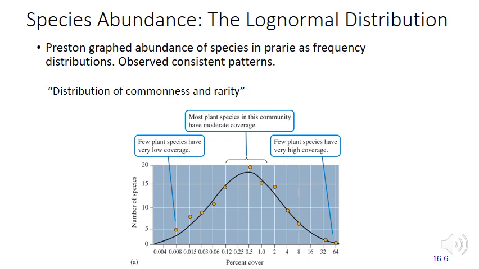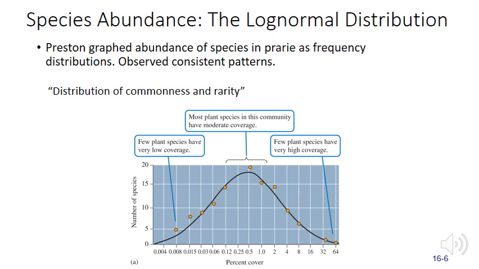So Frank Preston was a Canadian ecologist working in prairie systems in the 1950s and 60s. And he graphed the relative frequency of different species in prairie communities over that time. And he observed consistent patterns. And he came up with what he described as his distribution of commonness and rarity.